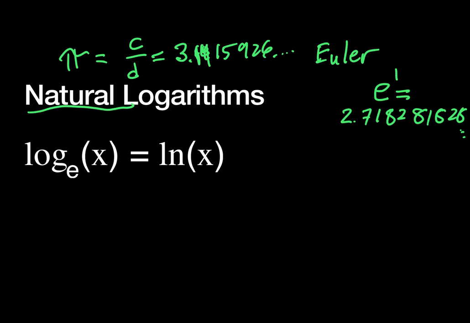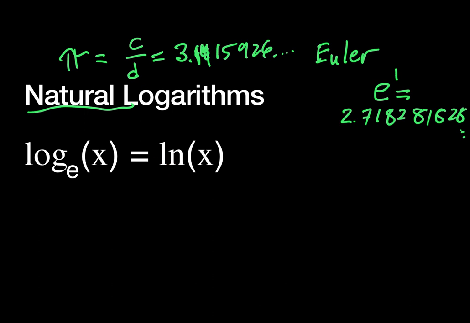So E is a number. And it's actually such a significant number, it gets its own special logarithm called the natural log. So the natural log is log base E, but we usually don't write it as log base E, we write it as ln. People say, well, why isn't NL for natural log? Long story, but we won't get into it, but it's ln.